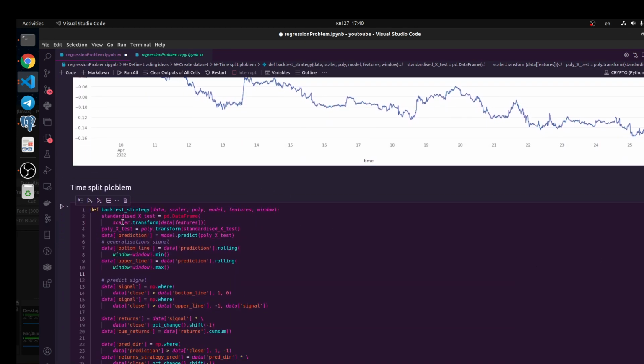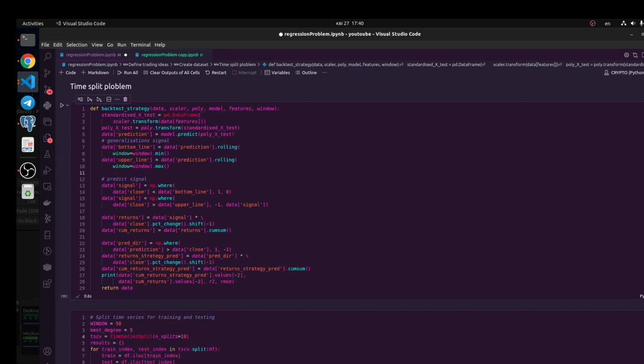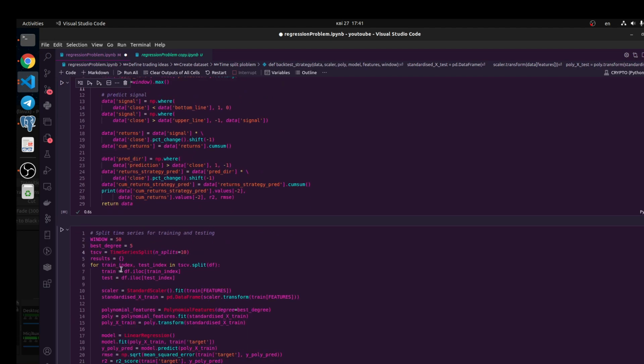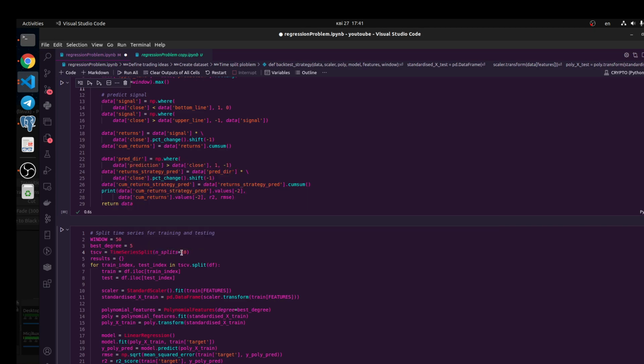It means I do some standardization of the data, calculate the polynomial feature, calculate the signal for this feature, and next we need to make a split. And using this class we could use a cross validation object, and splits indicate, like 10, for example.